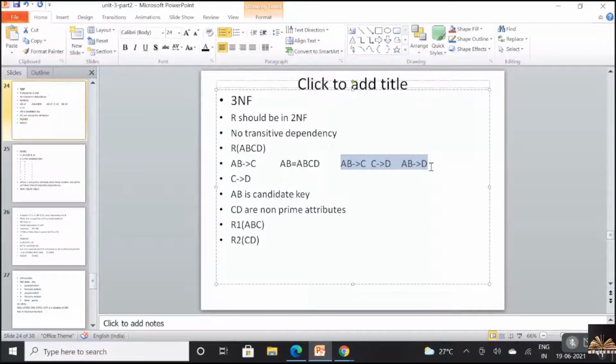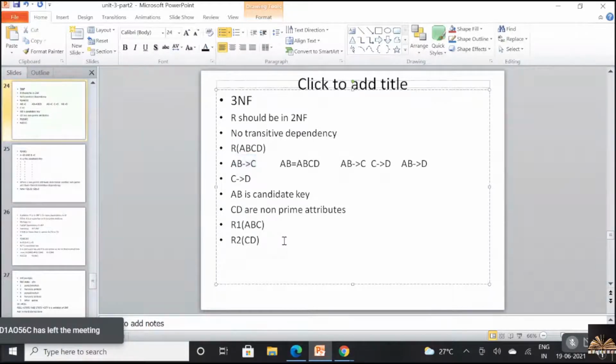Okay. Now what I have to do in order to make this relation, which is not in 3NF, into 3NF? What are the violations? That particular thing I am separating. So R1 is ABC, which is nothing but the first dependency, which is not causing any problem. So R1 with ABC and R2 with CD.